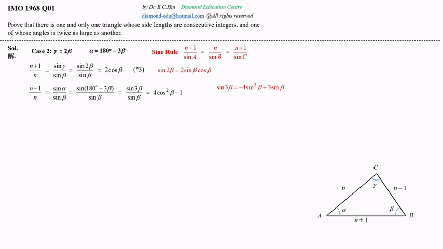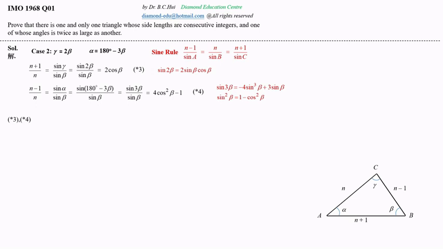Since sine 3 beta equals 3 sine beta minus 4 times sine cube of beta, and sine squared beta equals 1 minus cosine squared beta, that's why we get this result. We call this equation number 4.